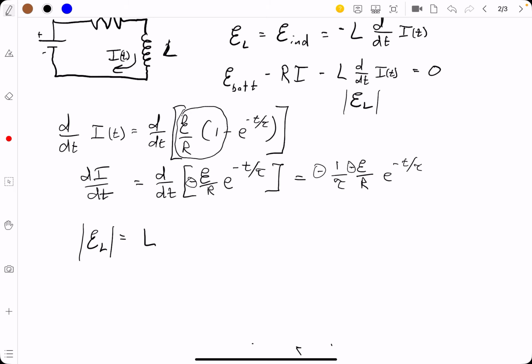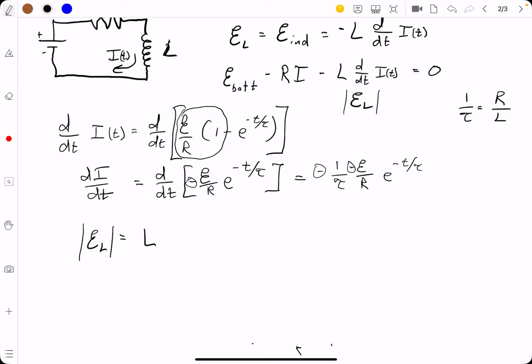And let's do the absolute value so we don't have to worry about a whole bunch of garbage. 1 over tau is really our R over L. Okay, so let's do that.